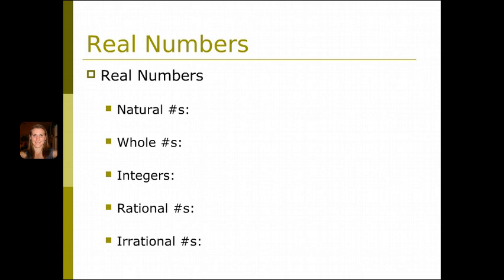Your natural numbers are your counting numbers: 1, 2, 3, 4, 5, 6, and so on. The numbers that you count when you first learn how to start counting. The only difference between a whole number and a natural number is that whole numbers include 0. So you have 0, 1, 2, 3, and so on.